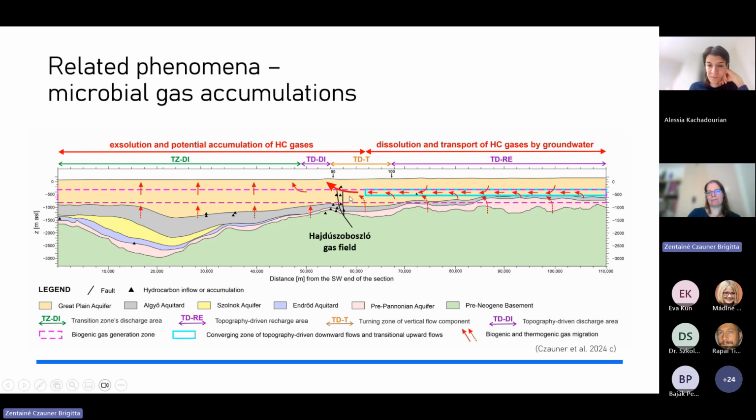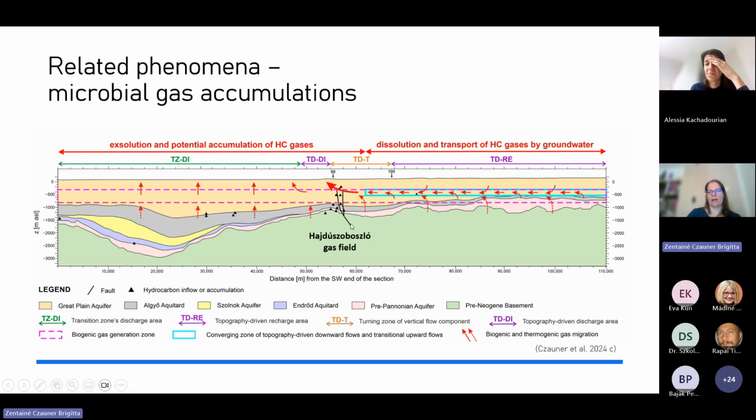Due to the regional groundwater flow conditions, groundwater flows turn upward in this zone at first, and due to this upward flow, the pressure can drop or decrease, and the gas can exsolve from the dissolved state, so we can have a free gas phase which can be trapped in hydrocarbon traps.